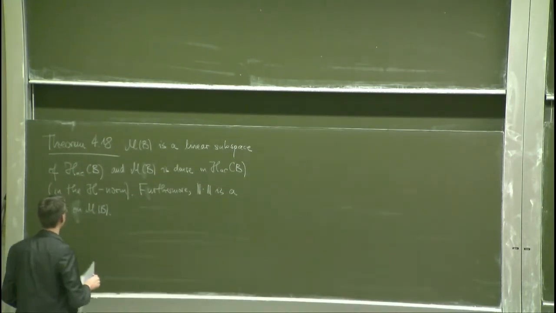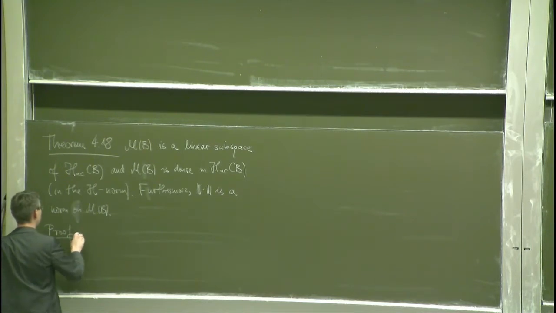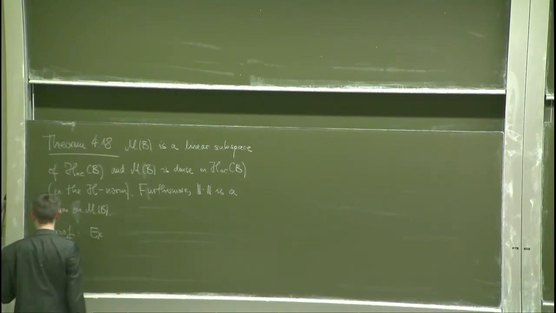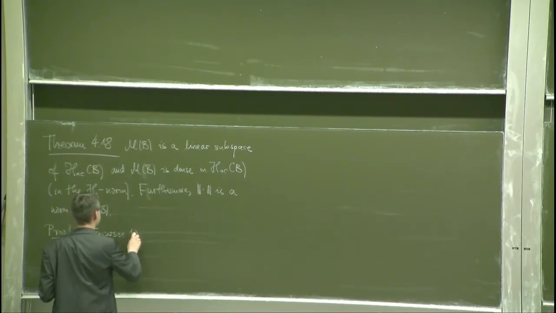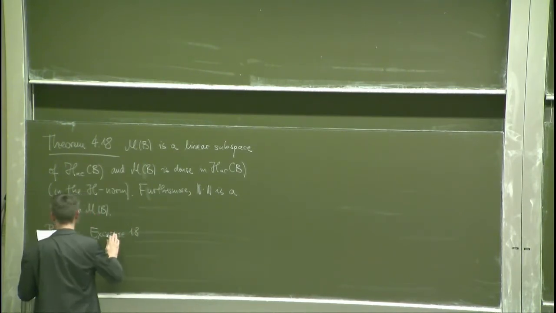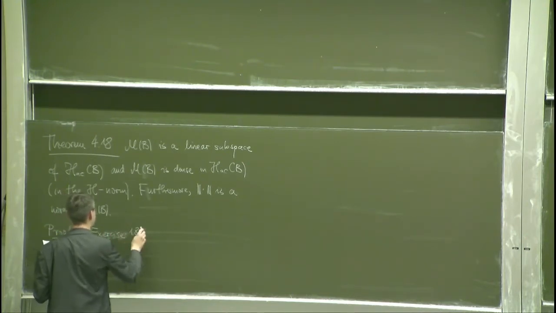And the proof of this is not very difficult, so I leave it as an exercise for you. It's on one of the next sheets. This is exercise 18 then.